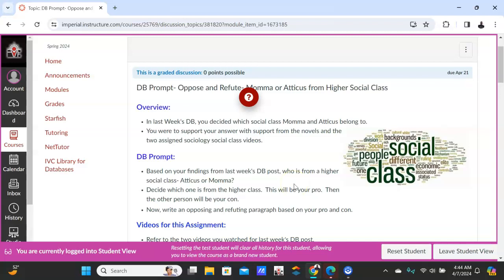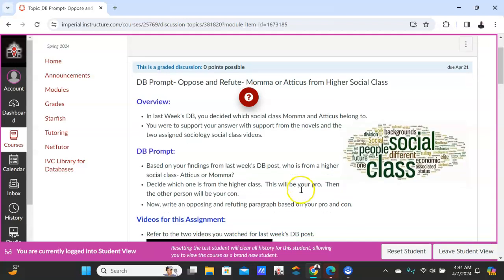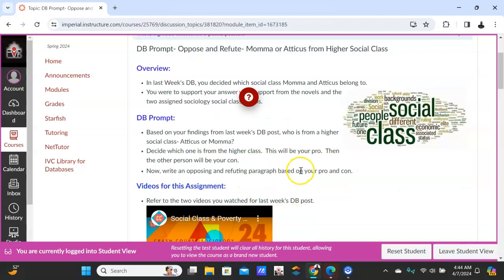So if you think Atticus is from the higher class, he is your pro. Then the other person will be your con. So for my example, my con would be Mama. All right, and now you're going to write an opposing and refuting paragraph based on your pro and your con. If Mama is my con, I will show you that when I get to the topic sentence.